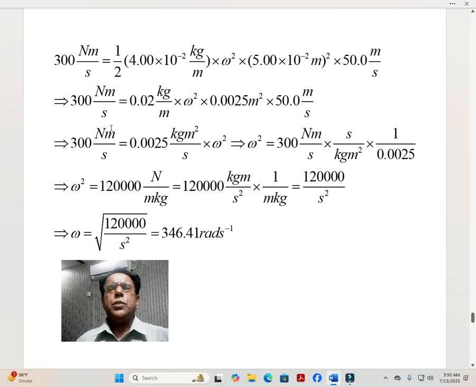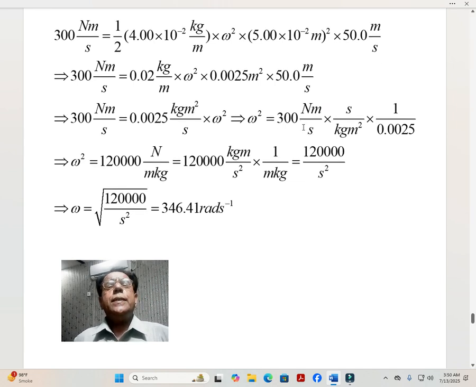Reverse. So omega square has become equal to 300 Newton meter per second into second over kilogram meter square into 1 over 0.0025. Anyhow, omega square equal to, after simplification, 12 with 4 zeros Newton over meter kilogram.